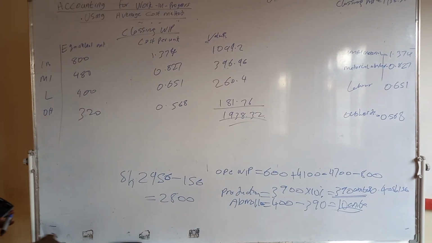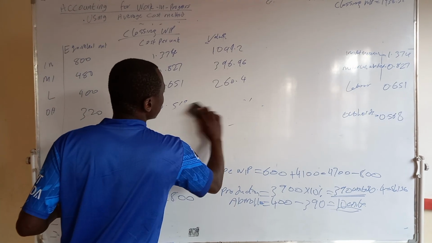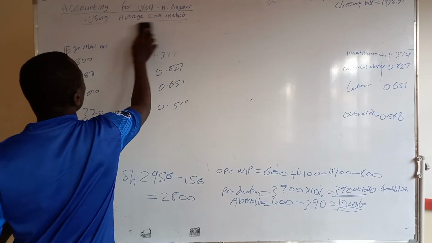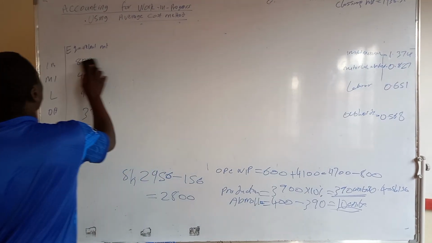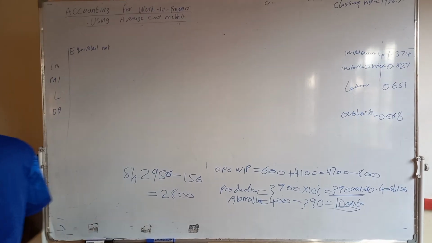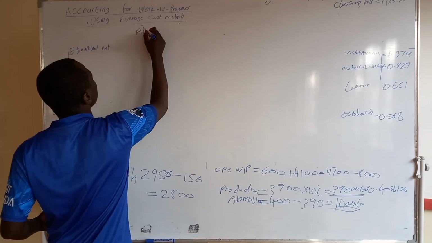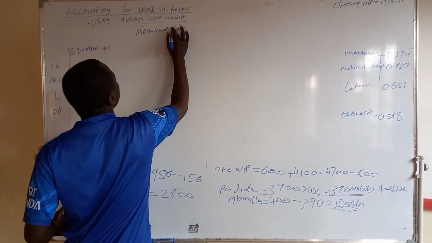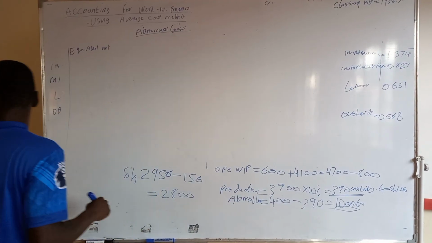Then we go to the next element. We are done with this. Now let us do abnormal loss.